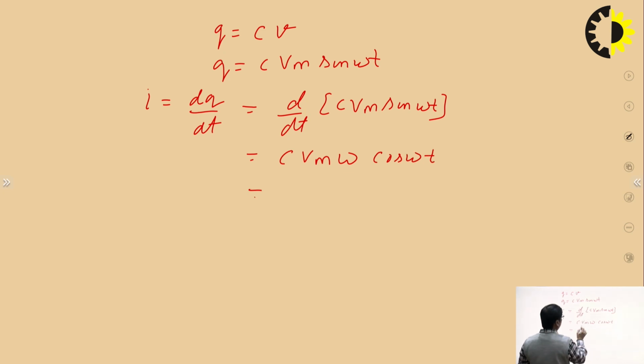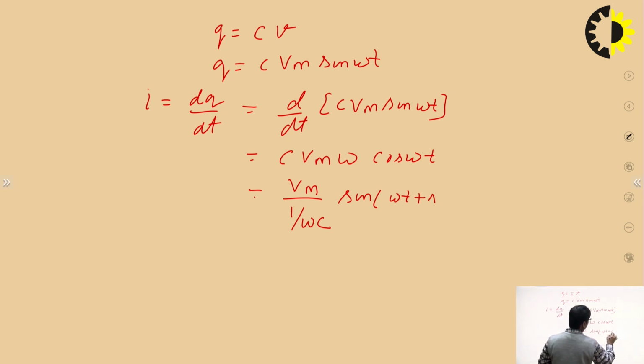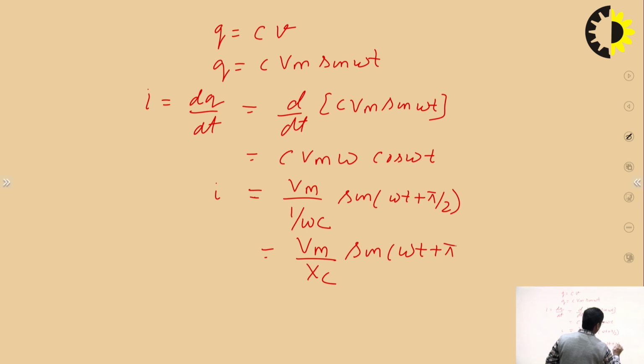And you can write this as Vm upon 1 upon omega C, sine of omega t plus pi by 2. This is the expression for the current. Now this part we can also replace by Xc, sine omega t plus pi by 2.